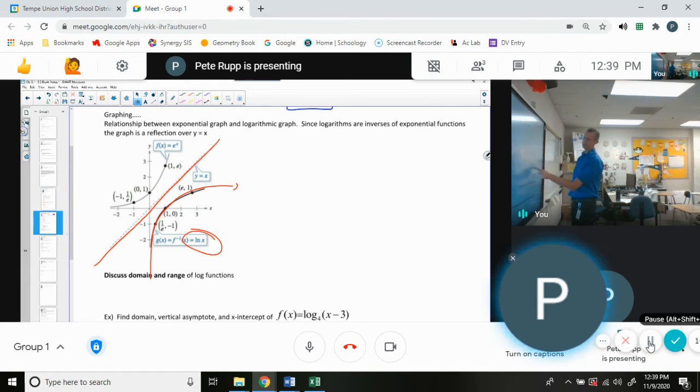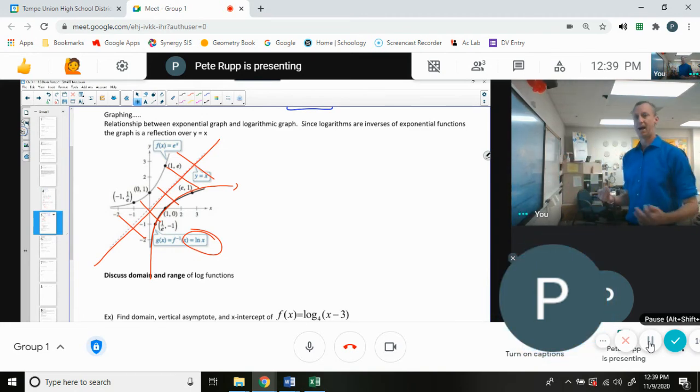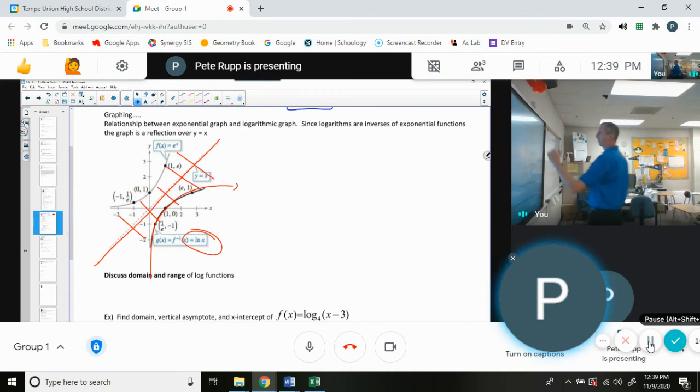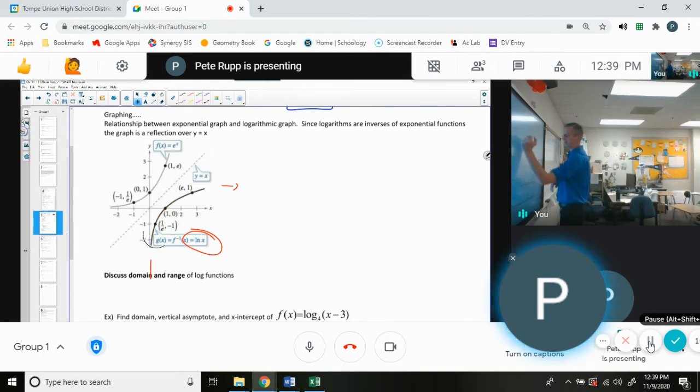These are reflections of each other, okay? Over that line, y equals x, all those points match up. So visually, I can tell the relationship between exponential functions and logarithmic functions because they're reflections of each other over the graph. So that would be a visual check to see what logarithmic functions look like.